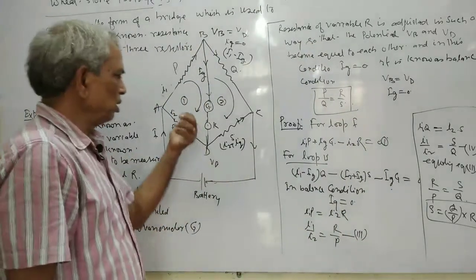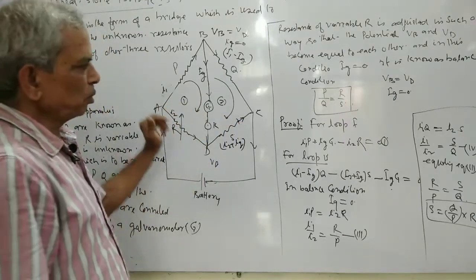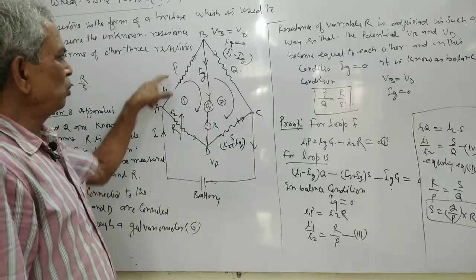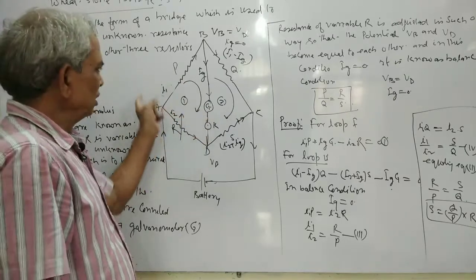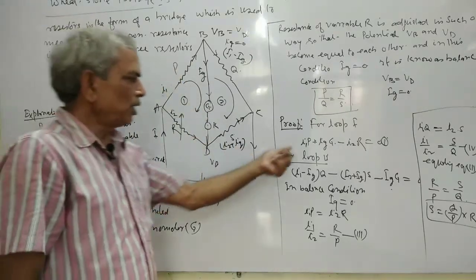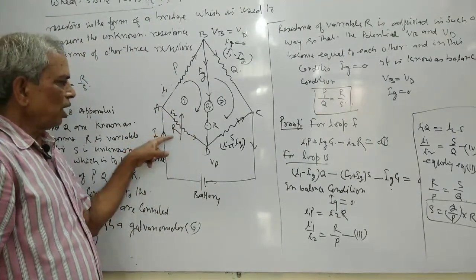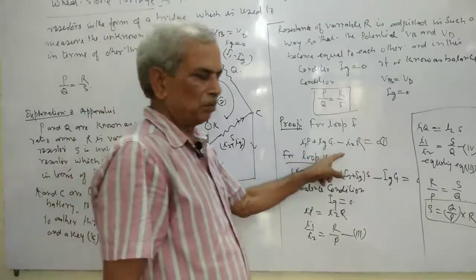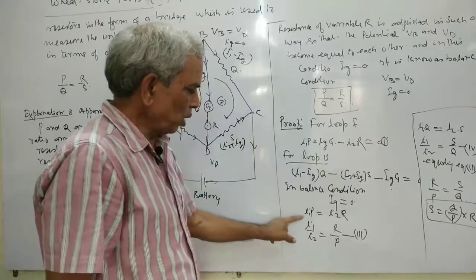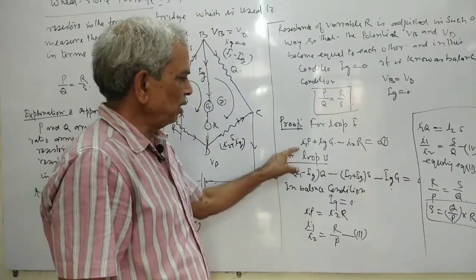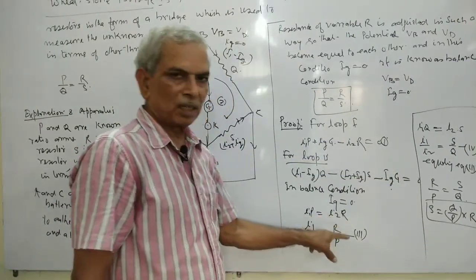For the proof, we consider two loops, first loop and second loop. According to Kirchhoff's law, first loop, I1 into P, Ig into G. These are in same direction, both are taken as positive, but this is against the direction of arrow. R into I2 is taken as negative. In balance condition, Ig is 0, so I1P equal to I2R.